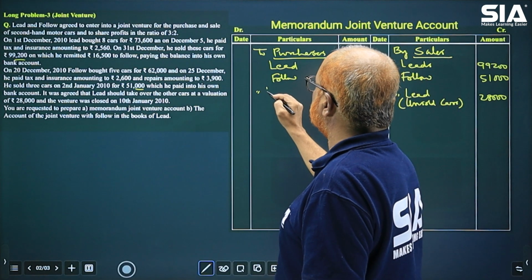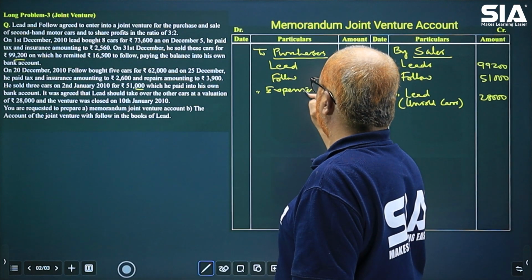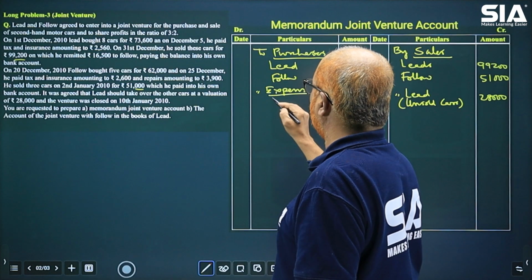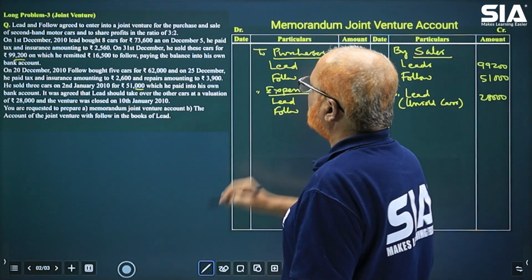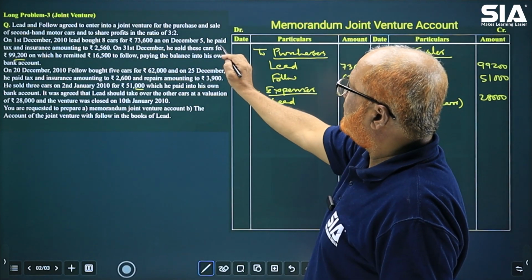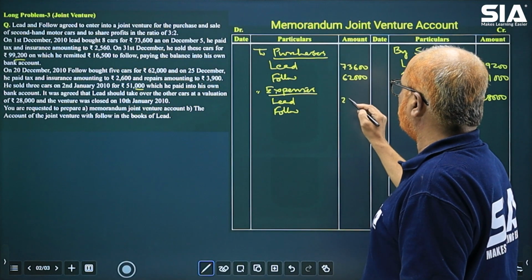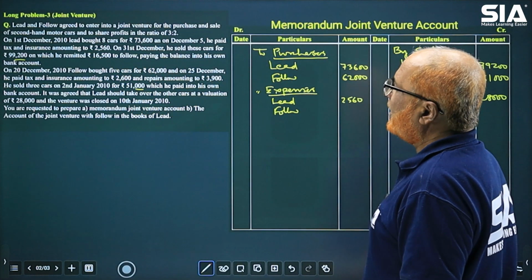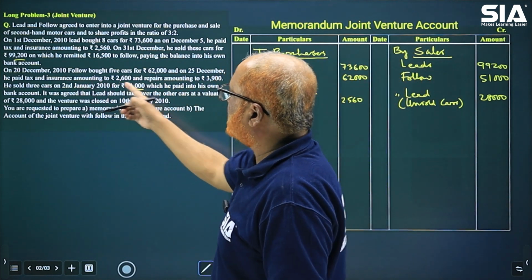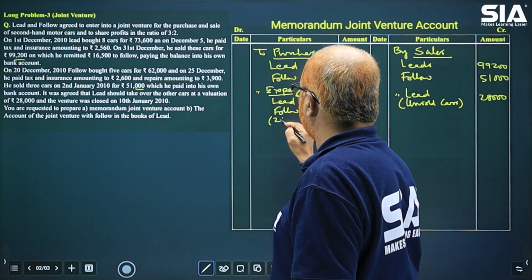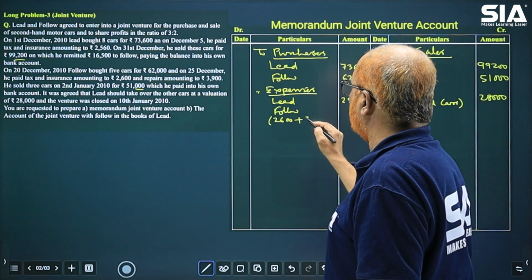Now expenses. Expenses are also incurred by both Lead as well as Follow. How much expenses incurred by Lead? He paid tax and insurance 2,560. And the expenses paid by Follow is tax and insurance 2,600 plus repairs amounting 3,900.